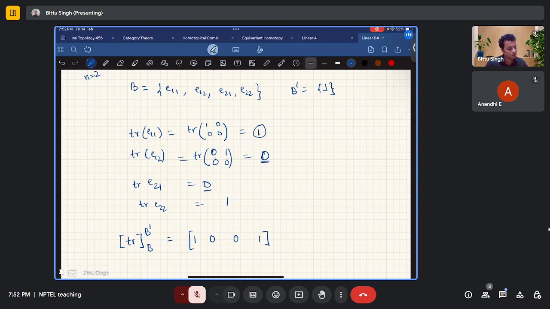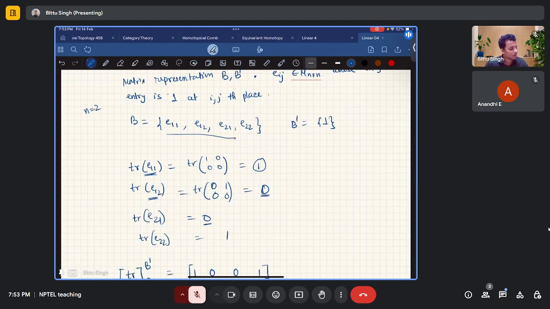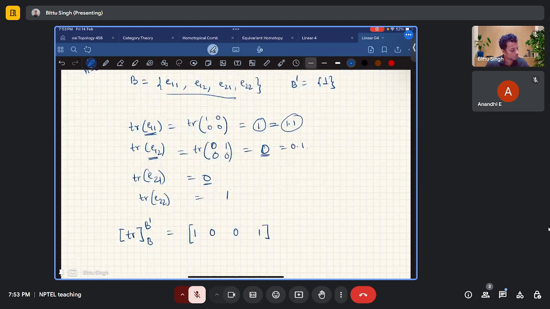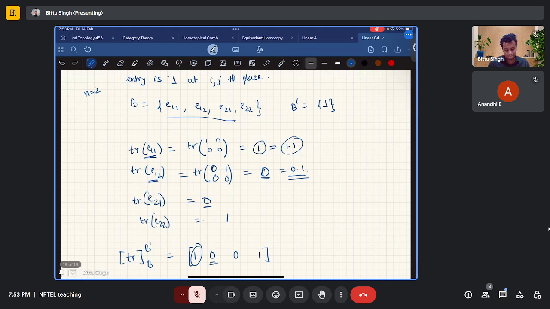Just see what is happening if we apply the transformation on the basis elements. The left side basis elements are these, and on the right side this 1 can be written as 1 times 1, this is 0 times 1. So we put 1 times 1 in the first place, and 0 times 1 in the next; we are taking the coefficients of the basis entries. So similarly, any matrix representation problem can be solved in this manner.